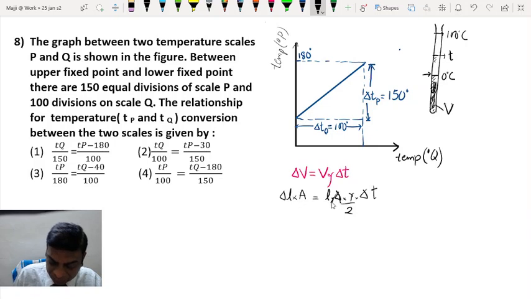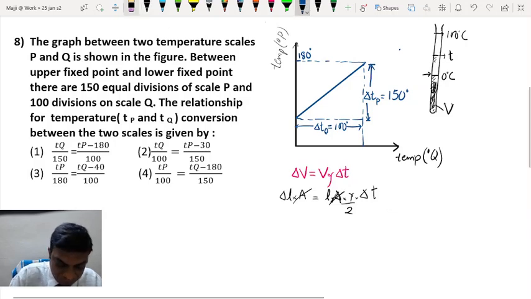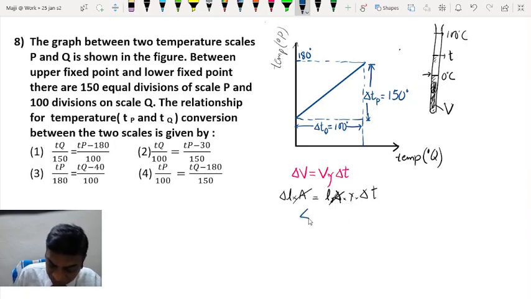So area gets cancelled here. So we can see that change in length is equal to original length into gamma into delta T, because cross-sectional area remains constant.